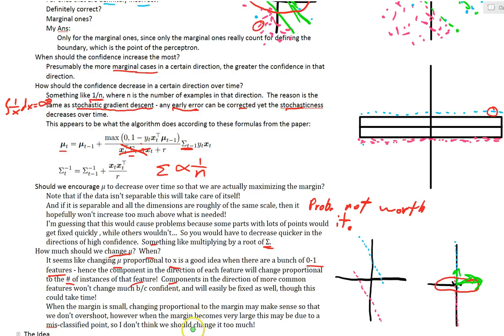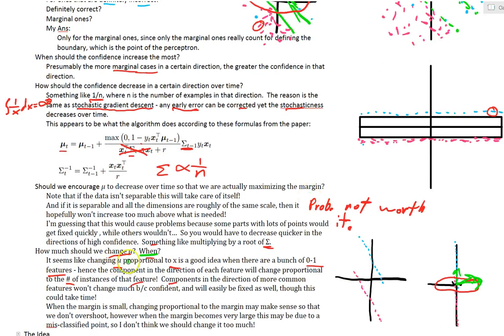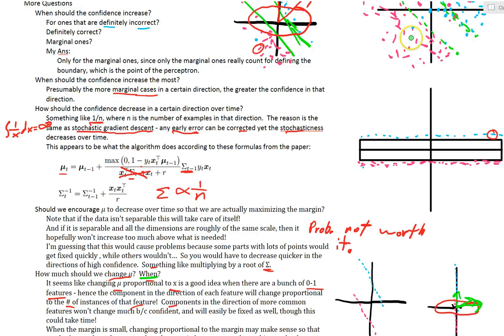Right. And so I was thinking, in terms of when something's obviously misclassified, then maybe we shouldn't update mu, right? However, maybe something seems to be misclassified, but if we look in really high dimensions, there's some features that we rarely use. Whereas if we use those features, we could classify this correctly, right?